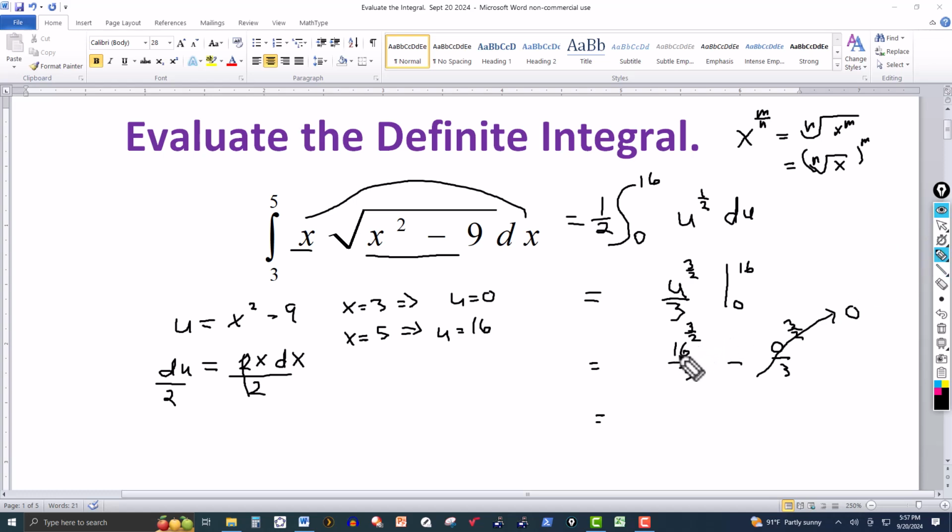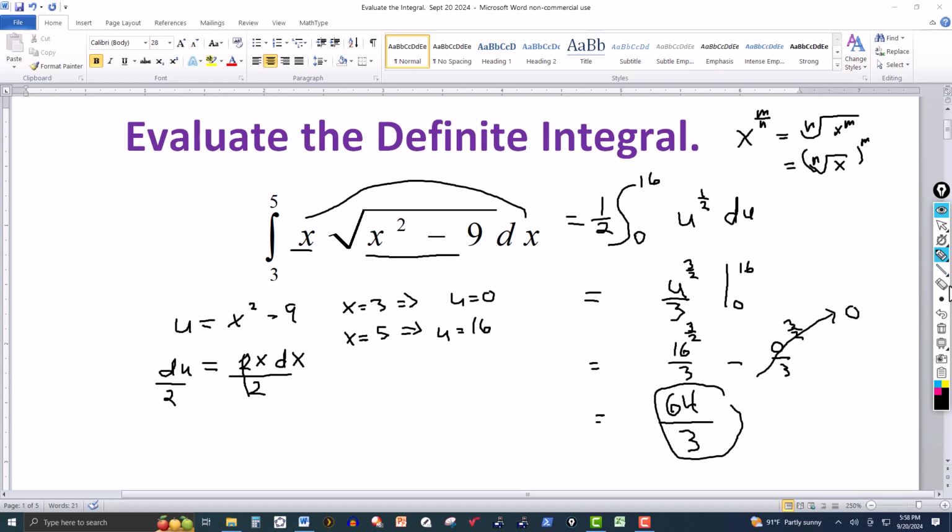So to evaluate 16 to the 3/2 power, I could say 16 to the 3rd power, compute that out, and then take the square root. Or I could take the square root of 16 and then cube it. Well, that's easier. The square root of 16 is 4, and then 4 to the 3rd power is 64. And that's over 3. And that's what you have.